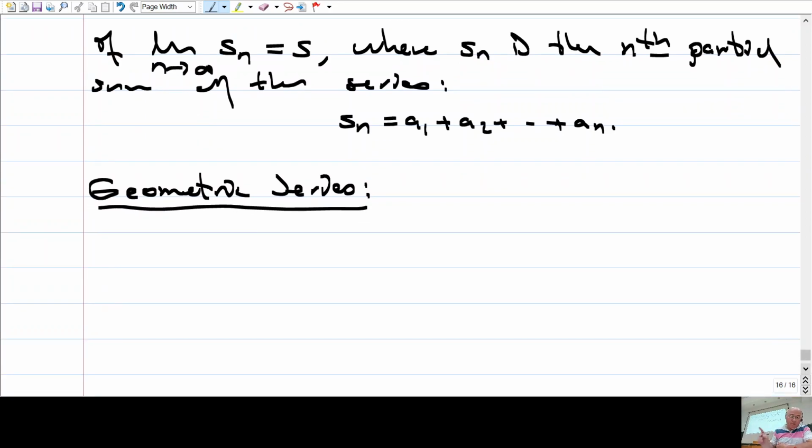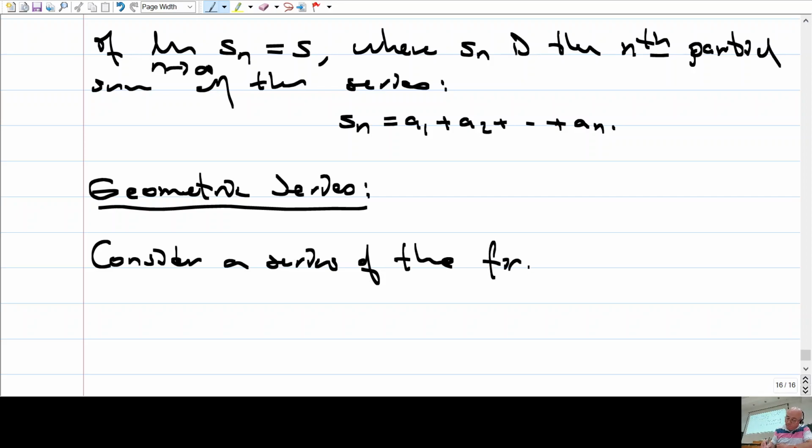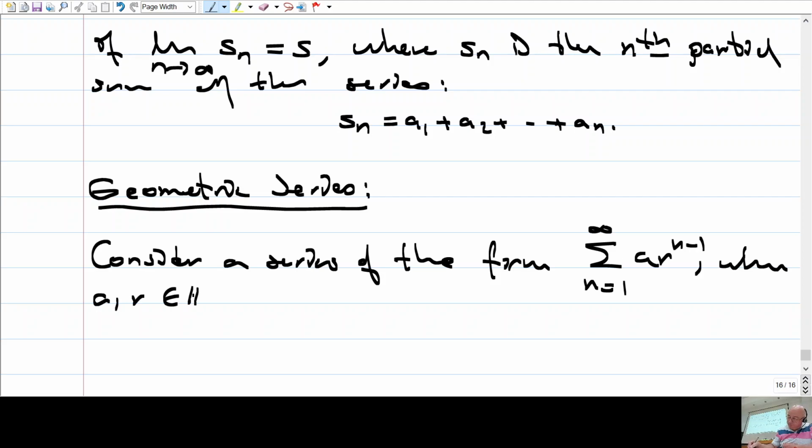Consider a series of the form sum from n equals 1 to infinity of a times r to the power n minus 1, where a and r are real numbers.